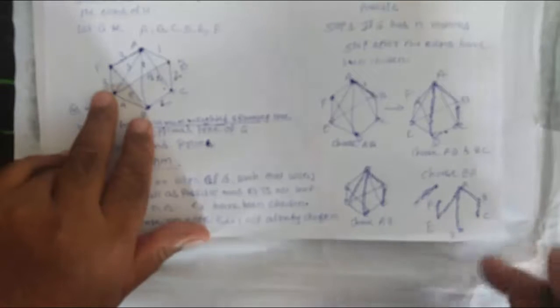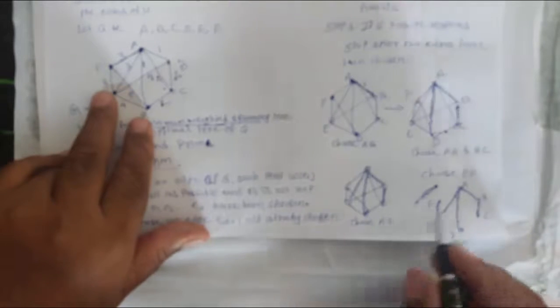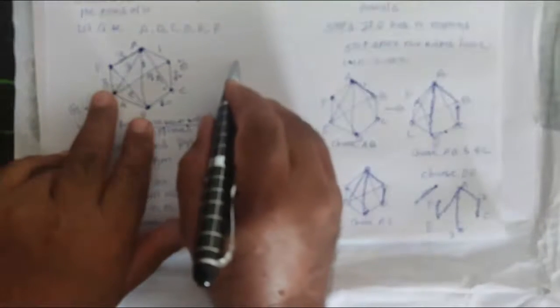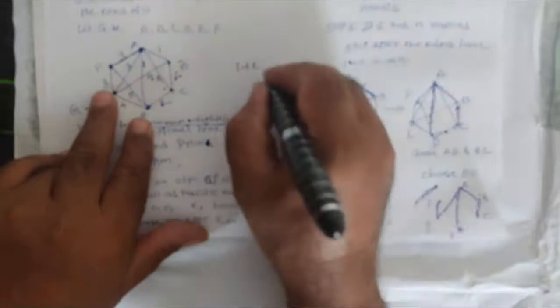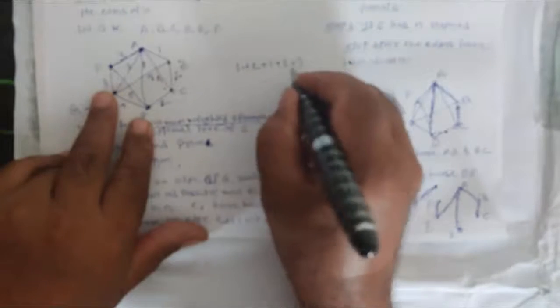See here the weights: AB is 1 plus BC is 2 plus AD is 1 plus AE is 3 plus EF is 3.